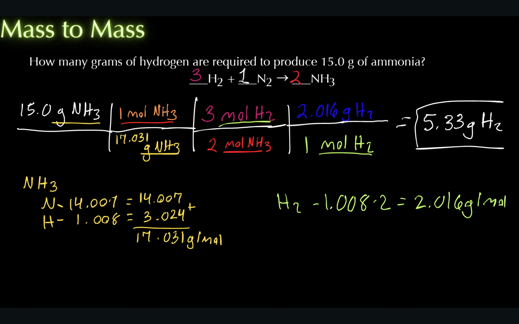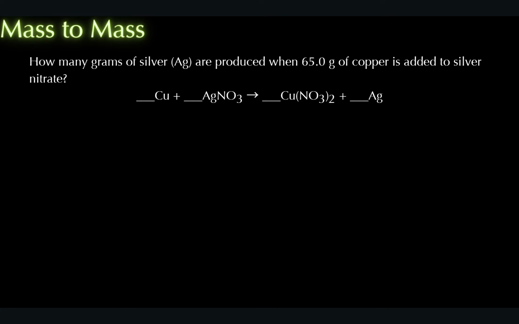All right, let's take a look at just one more example to make sure that we fully understand. We have our Cu plus our AgNO3 forming our Cu(NO3)2 plus Ag. We need to balance this out.